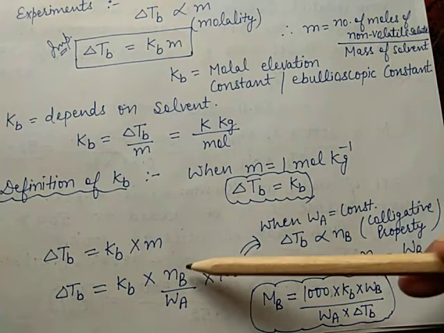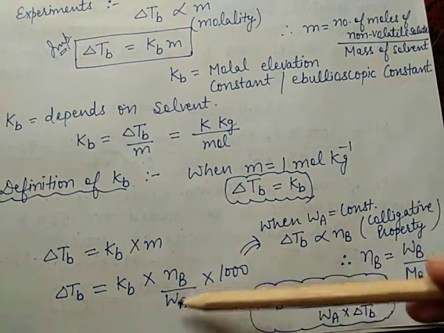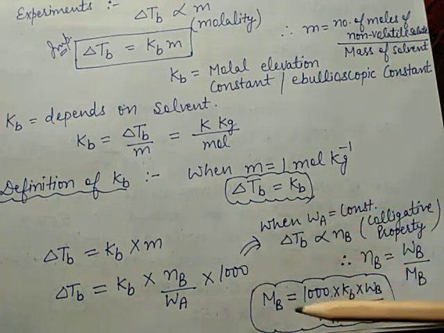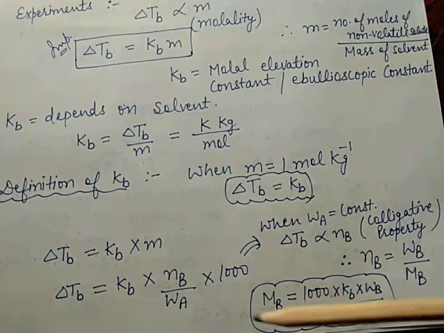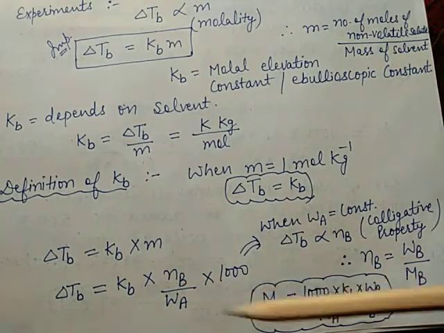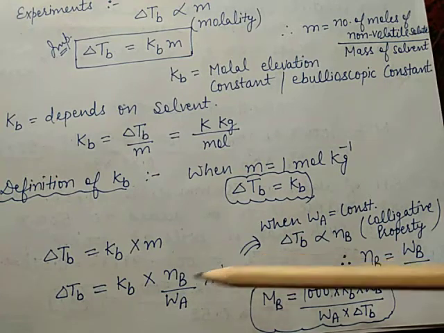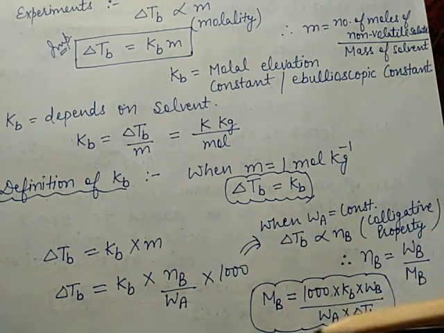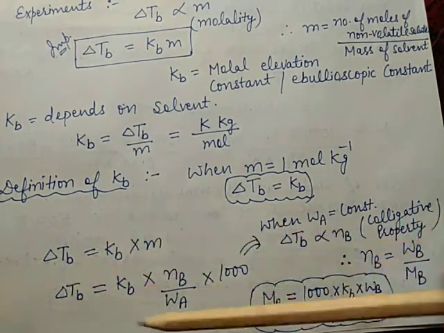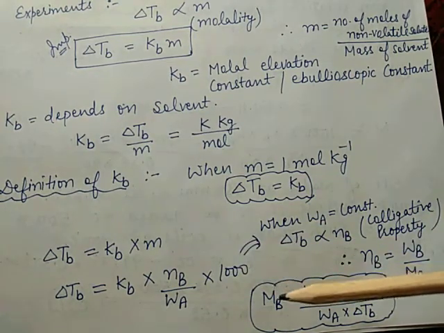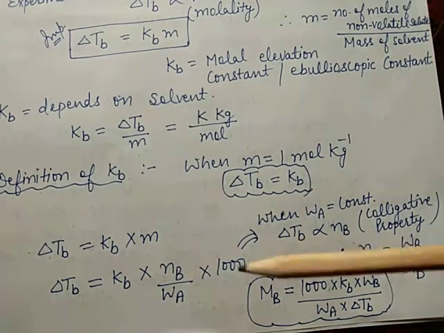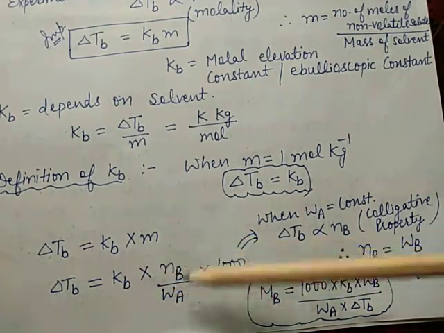Putting this value of Nb and Wa, we can calculate Mb is equal to 1000 multiplied by Kb multiplied by Wb divided by Wa multiplied by delta Tb. From this equation we can calculate the molar mass of solute.